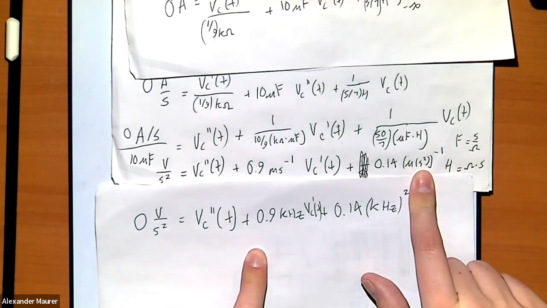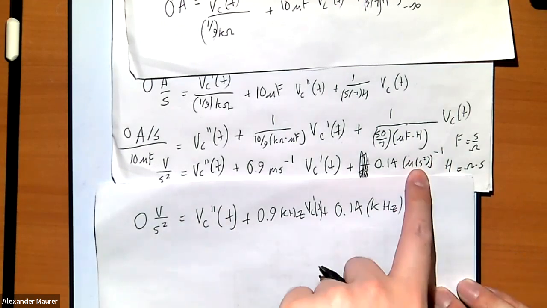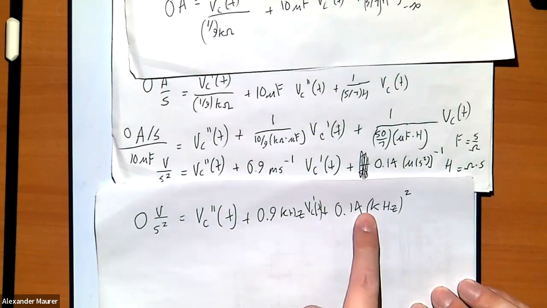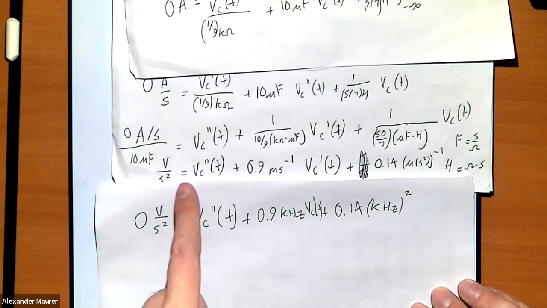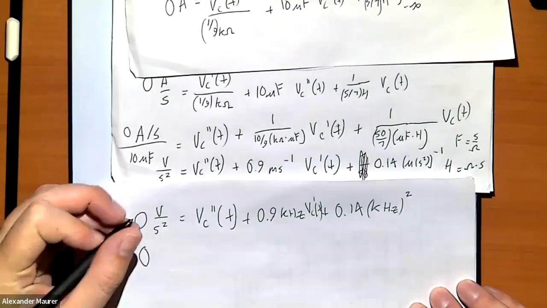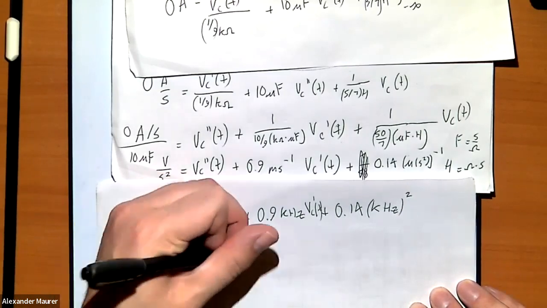Micro square seconds to the -1, kilohertz squared. Kind of a pain. It's a 10 to the 6, needs to come to the numerator. If you can keep track of it your own way, but ultimately what ends up being the case is that 0 is equal to VC double prime of T.